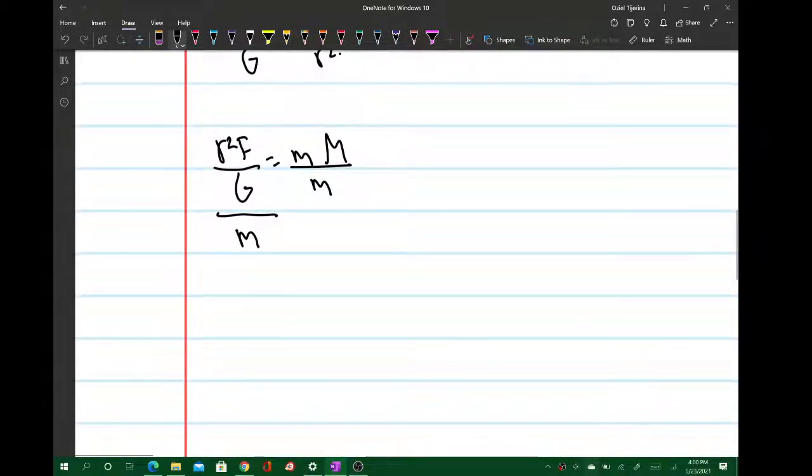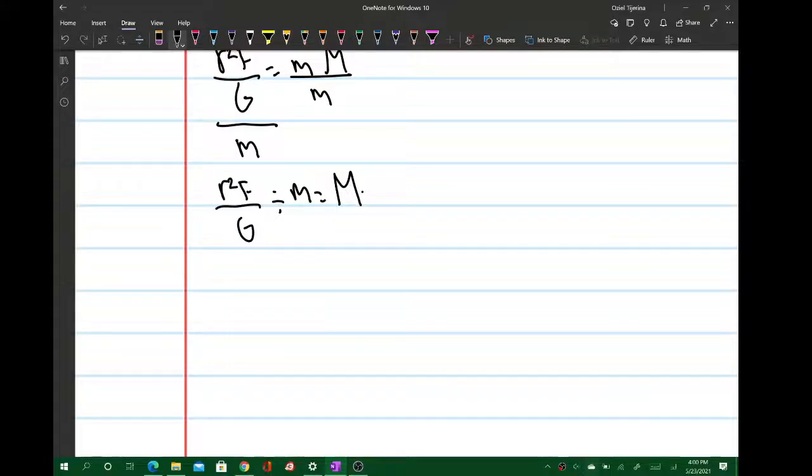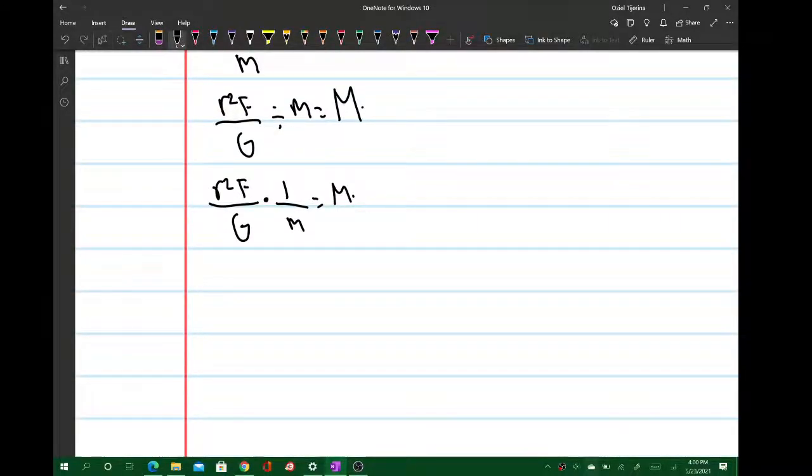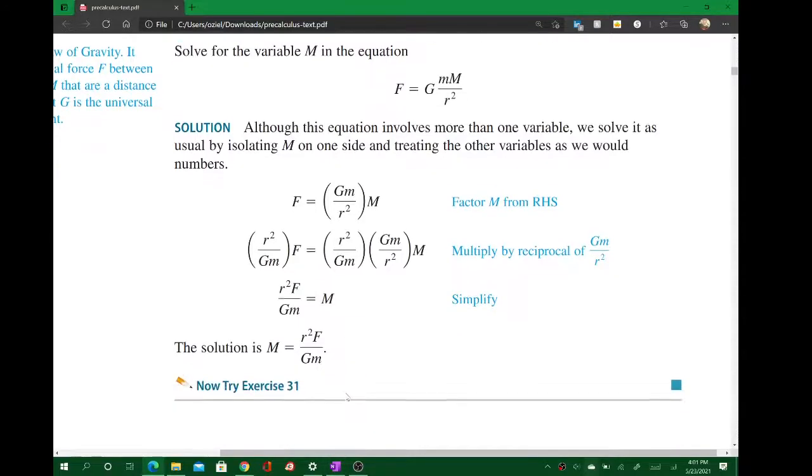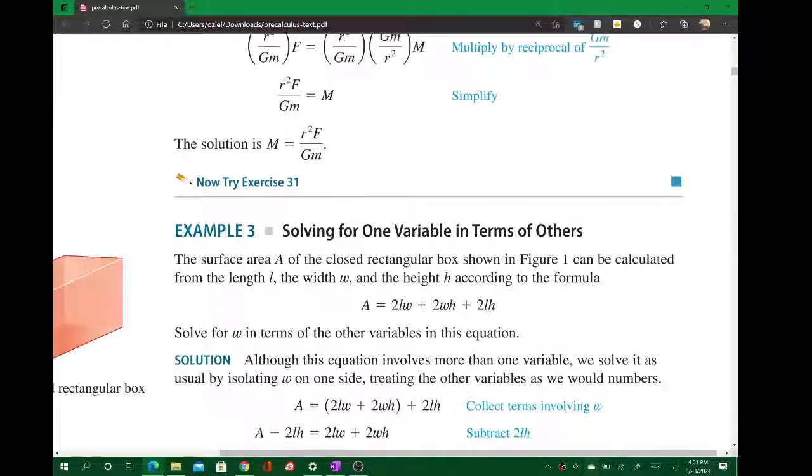We would say r squared F over G divided by m equals big M. Now, you can simplify this. You can say r squared F over G times 1 over little m equals big M. So therefore, our big M is r squared F over G times 1 over little m, right? And this is what we got.